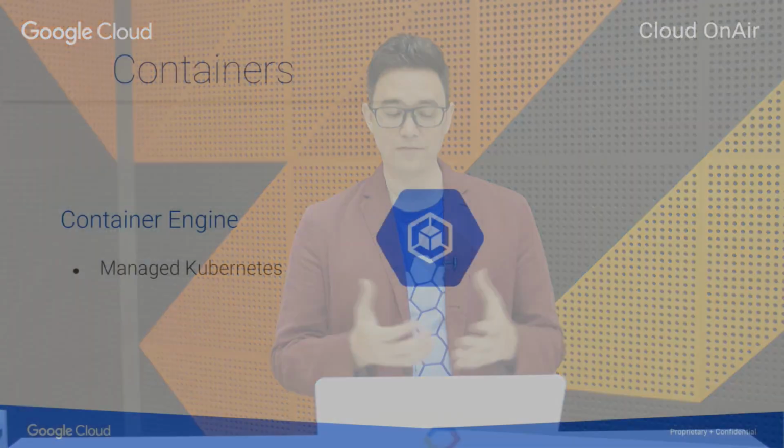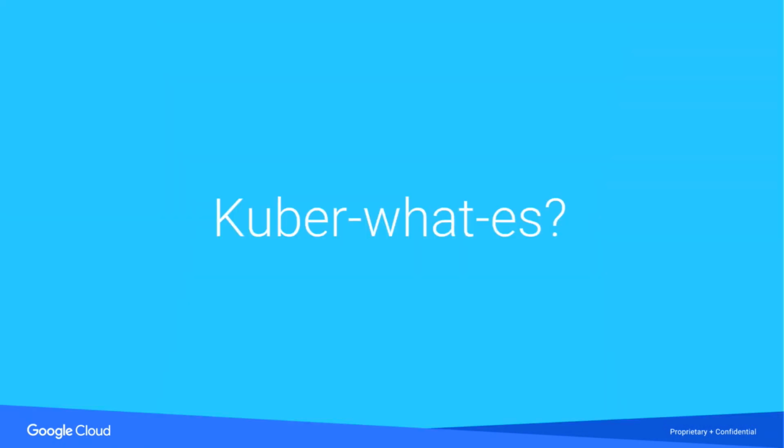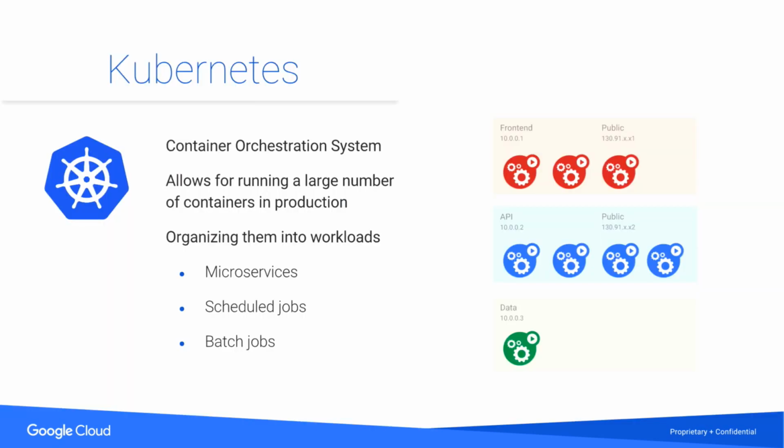And at Google, we have Google Container Engine, which is essentially managed Kubernetes. So what is Kubernetes? Kubernetes is a container orchestration system. And what it does is it allows you to run a large number of containers in production through declarative statements. So you might say, I want 100 of these microservices running at any time.